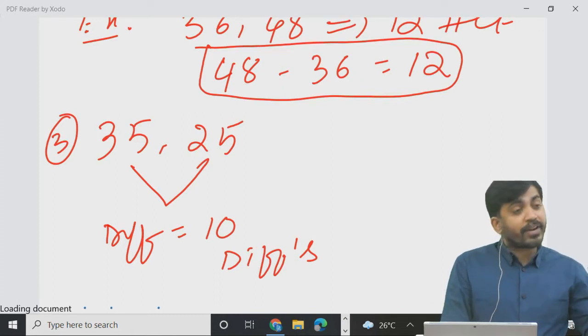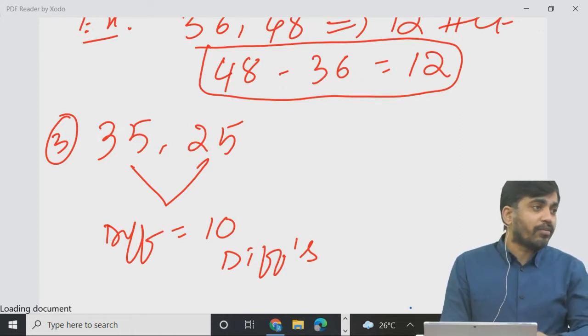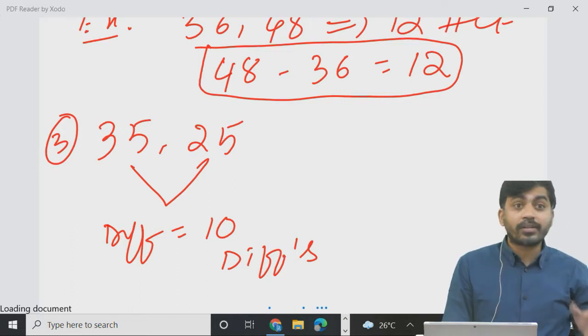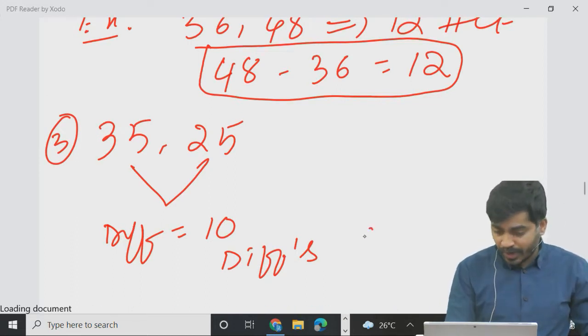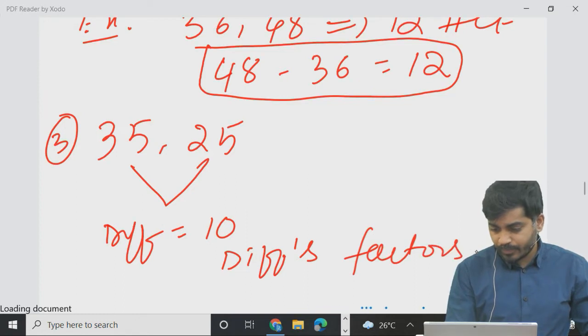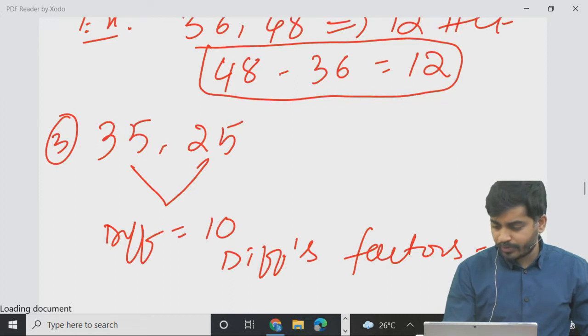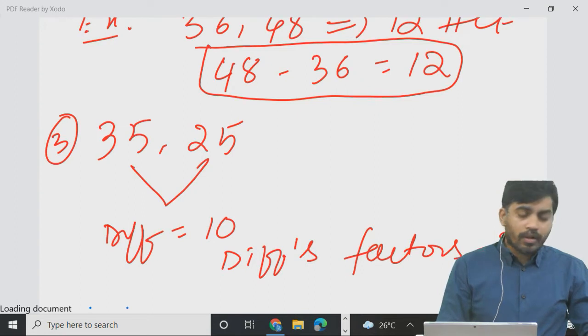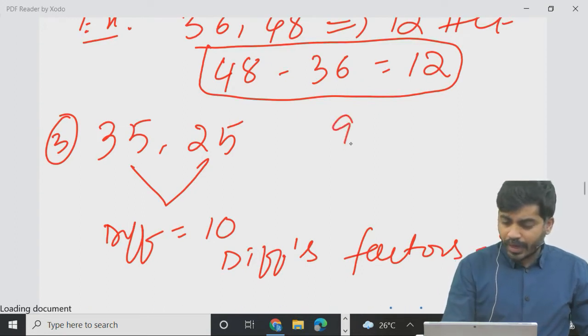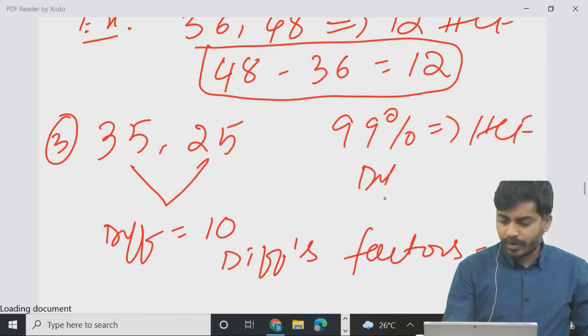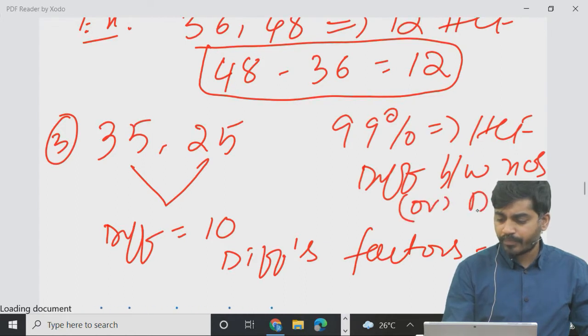Go for the difference's factors. What are the factors of 10? 2 and 5. The largest one is 5. So the answer, in 99% of cases, HCF is the difference between the numbers, or sometimes the difference's factors.